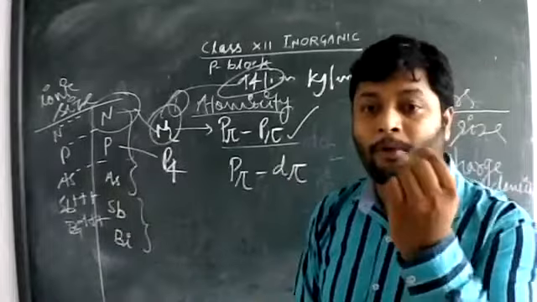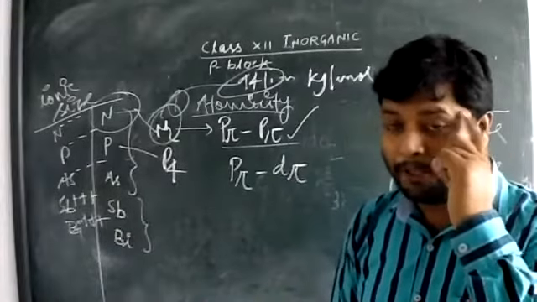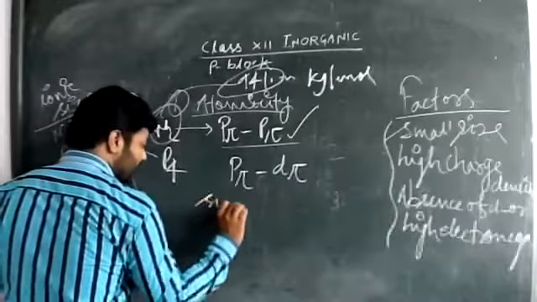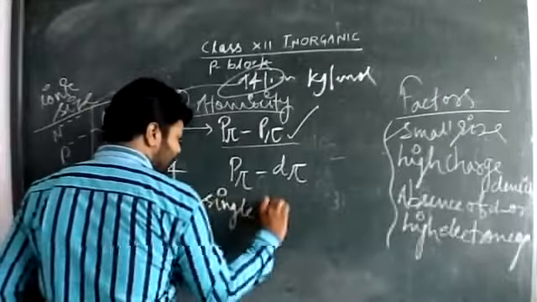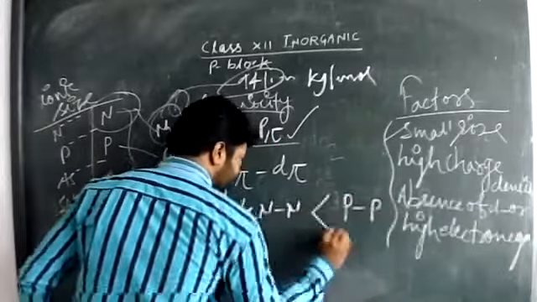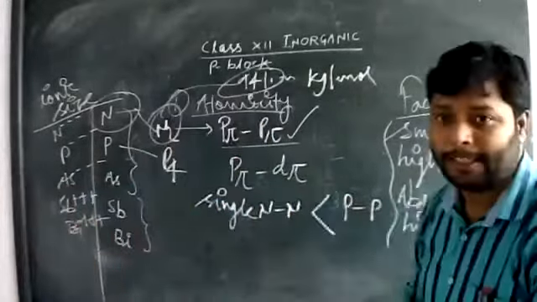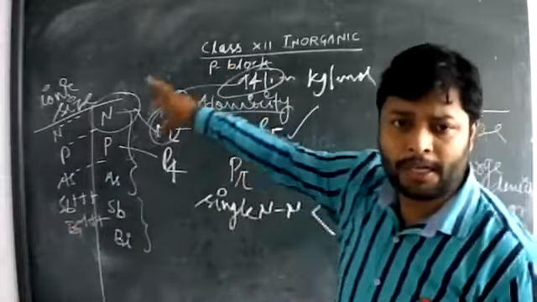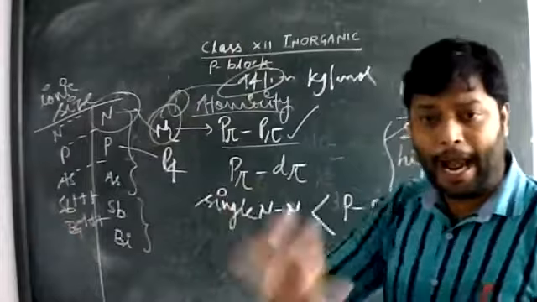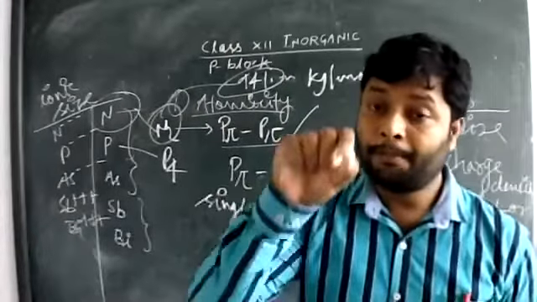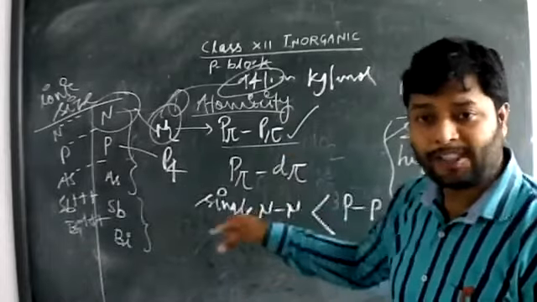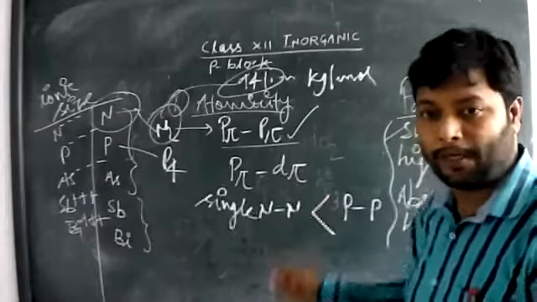Let's study one more important thing, that is very important: the single bond. Single nitrogen bond. Look at the case. Even though nitrogen is more stable than phosphorus at room temperature, the single nitrogen bond is less stable than the phosphorus single bond.